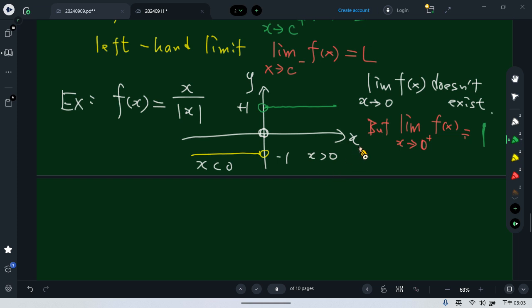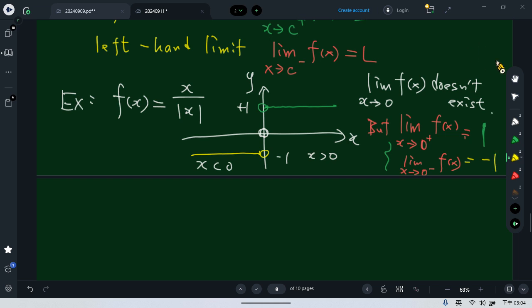Because from 0 plus, that means from the side whose values are a little bit more than 0, the result will be 1. And we also have the limit as x is approaching 0 minus of f of x. The answer will be -1.